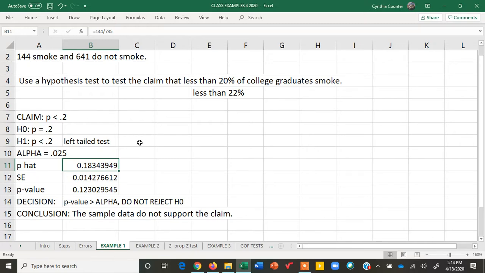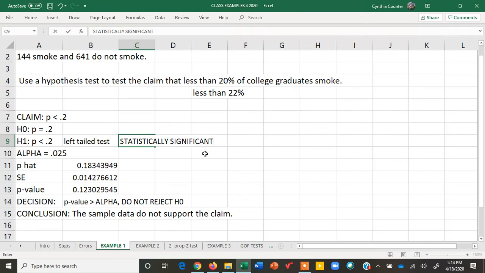So the null hypothesis you could think of as claiming that the difference between the assumed parameter and the sample statistic is statistically significant.